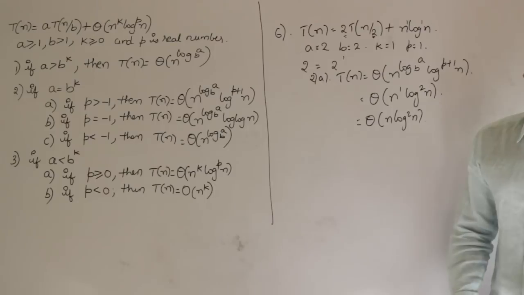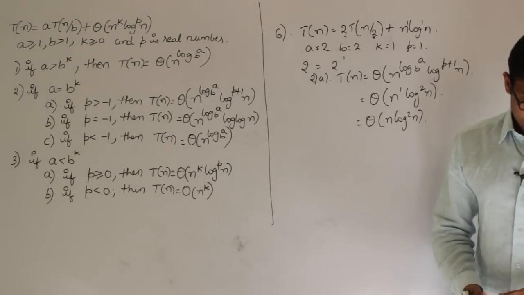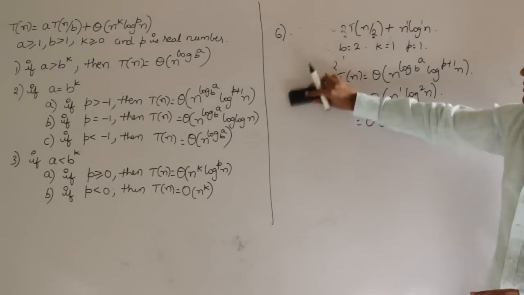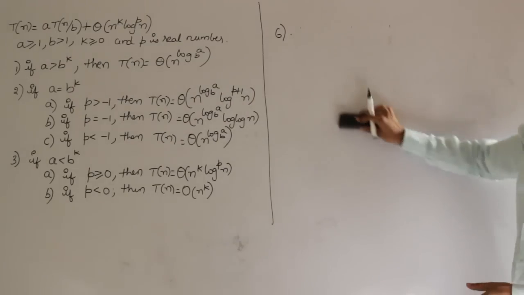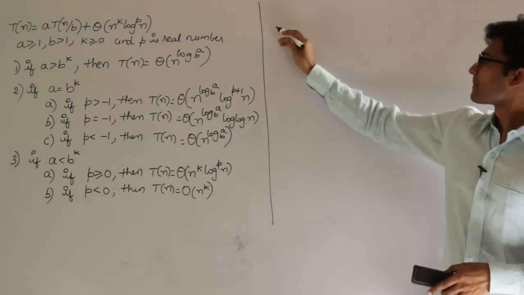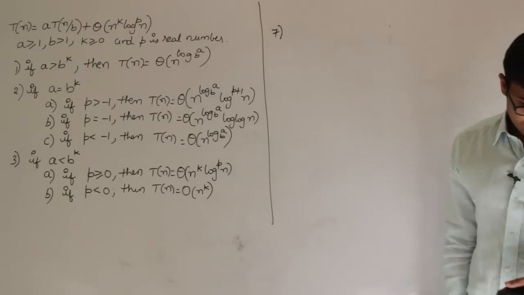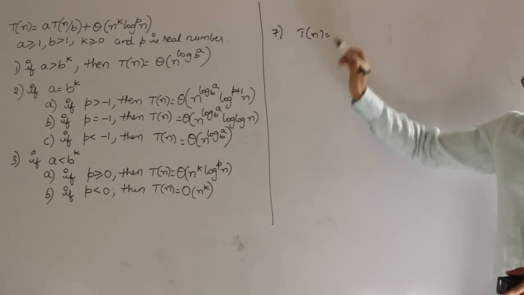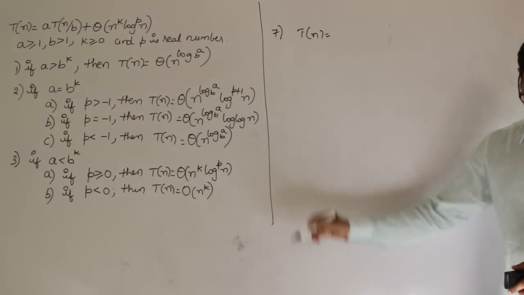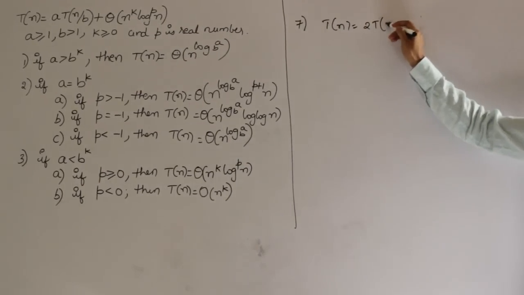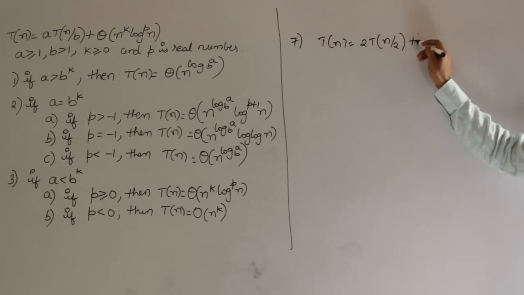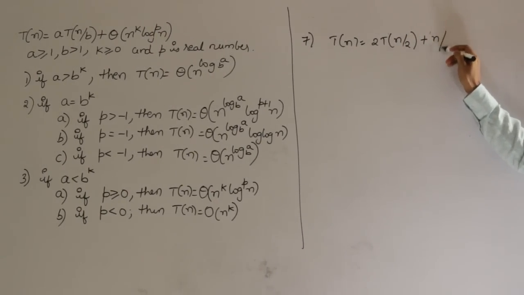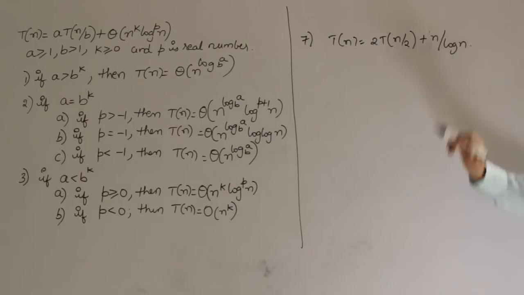Next one, seventh one, T of n equal to 2T of n by 2 plus n by log n.